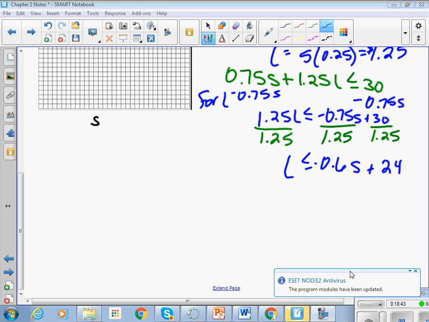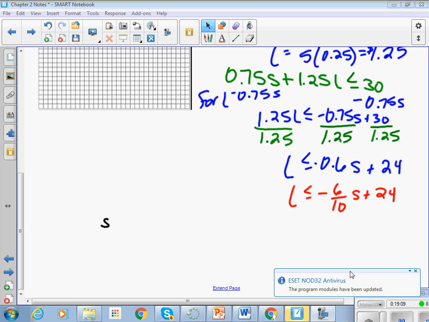Just because I'm a mega awesome grapher, I'm going to convert the 0.6 into 6 over 10, because I want a slope that I can have a rise and a run for. I'm going to graph this line.